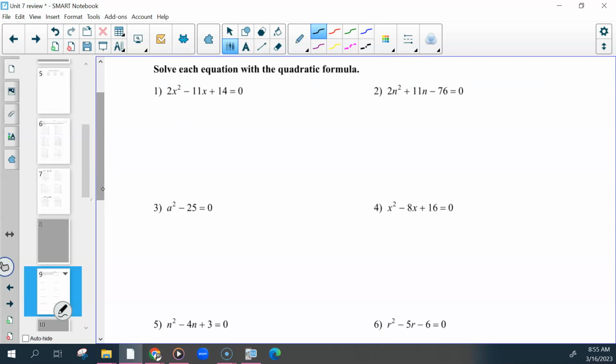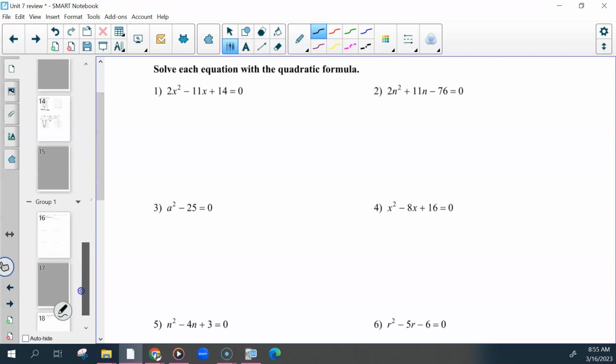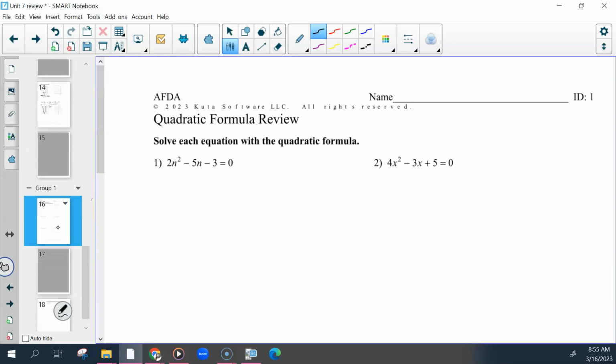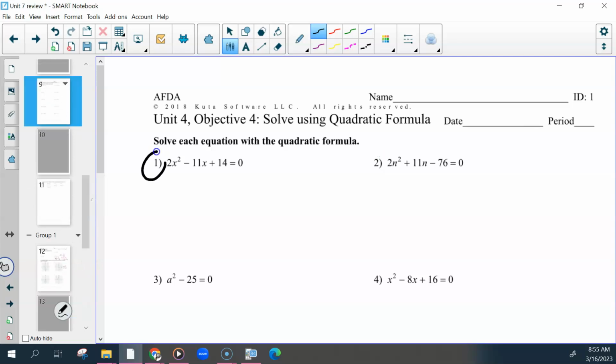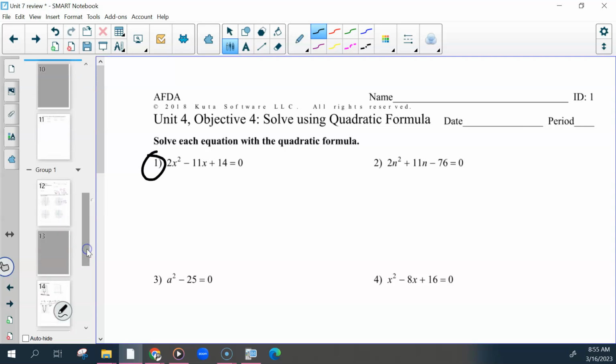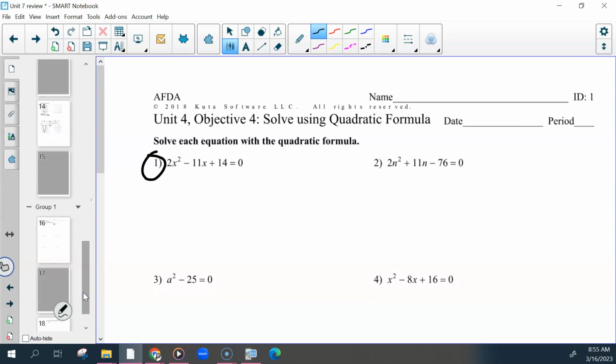This one or in the review? In the other review, I should say. So 2 on this one and 1 on the other one. So we're not switching back and forth. I'm going to start with this number 1, and then we'll do 2 in the other one.